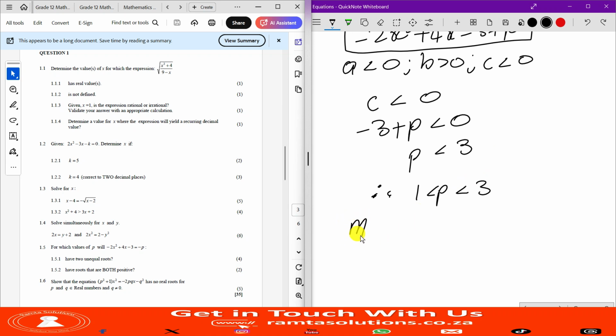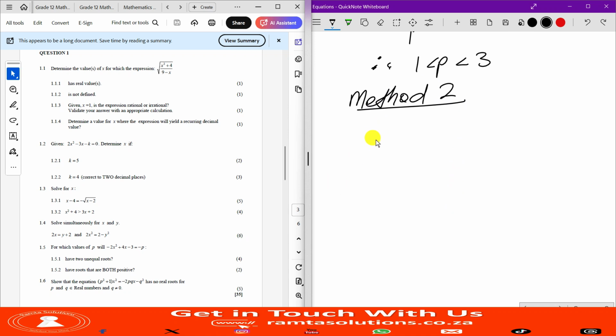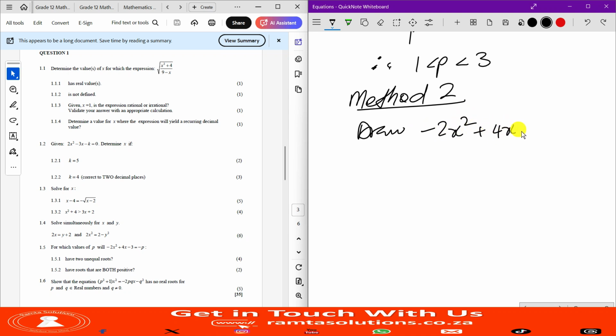Alternatively, method 2, I'm not really going to show it. Method 2, draw the one given here, minus 2x squared plus 4x minus 3. When you draw it, you will realize that it is something like this.